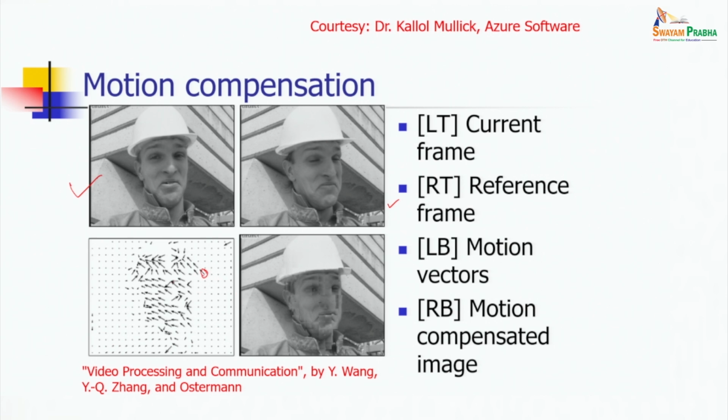So if I say this location is this, so this is the current frame actually, and since this motion vector is this one, I will search the point here, for example, something like that. So those are the motion vectors. Then motion compensate. So this is the motion compensated image. The quality, of course, does not look good here, but that is what you get in this case.